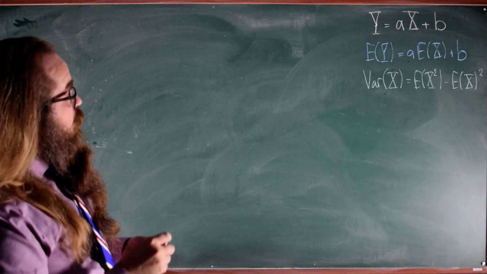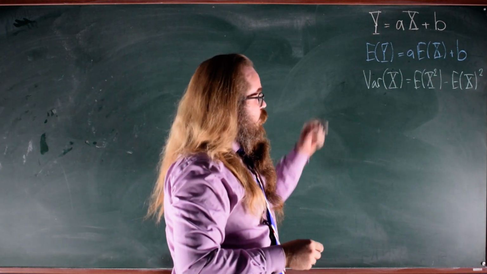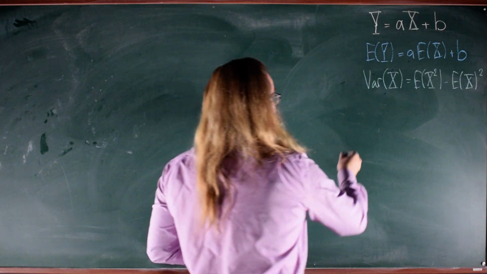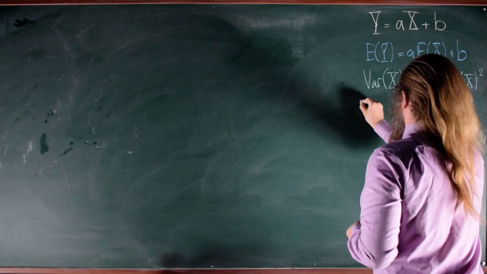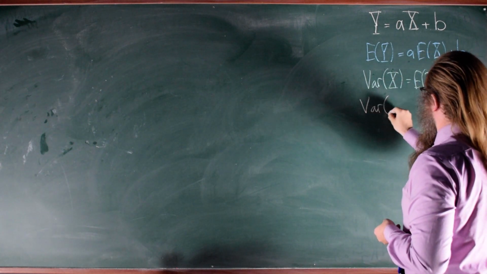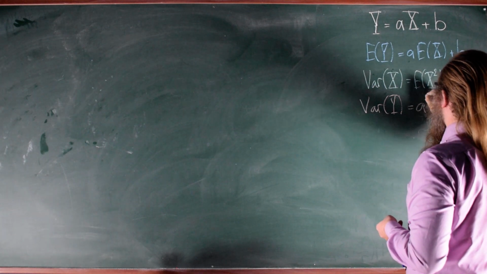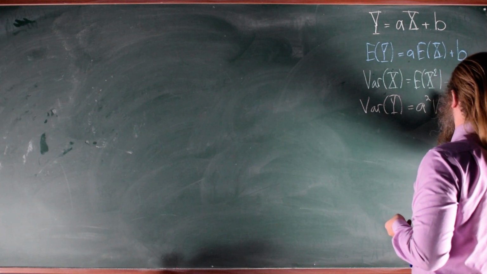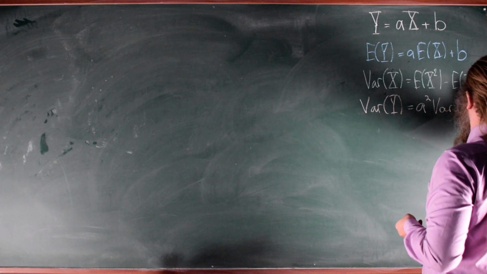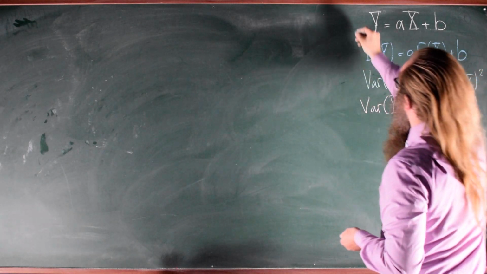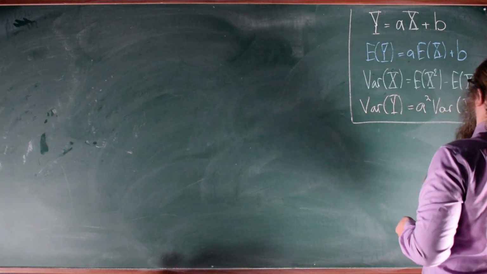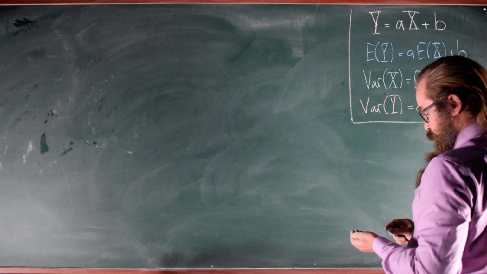And then the last result that we use this result for is that specifically for the variance of y, it will be a squared times the variance of x. Beautiful.